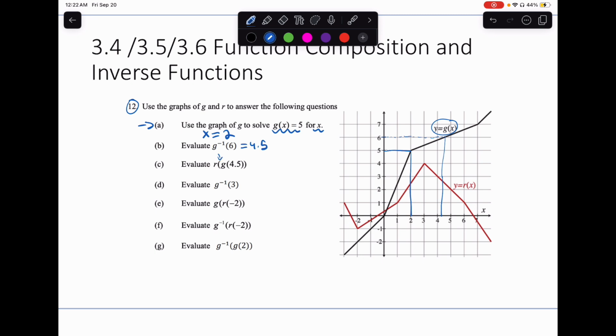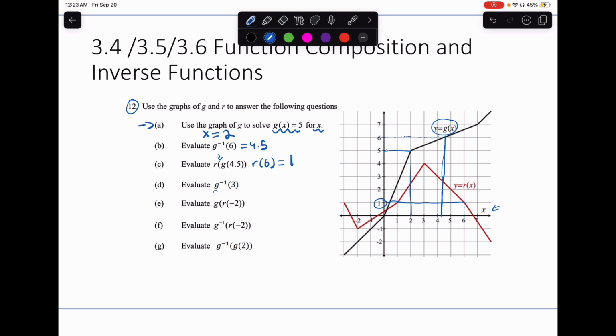So g of 4.5 means 4.5 is our input, so we look at our x-axis. When x is 4.5, our output is 6. So now we are left with r of 6 that we want to find. When our input is 6, r, which is our red function, has an output value of 1.